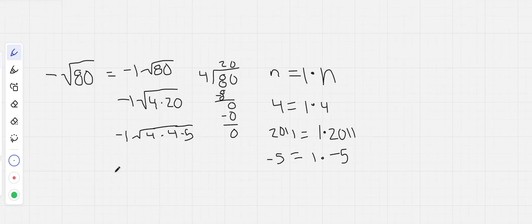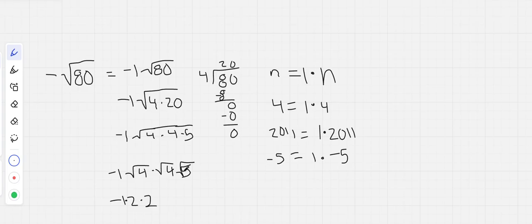So we rewrite that as -1 times the square root of 4 times the square root of 4 times the square root of 5. Then we get -1 times 2, because the square root of 4 is 2, times another 2, because the square root of 4 is 2.